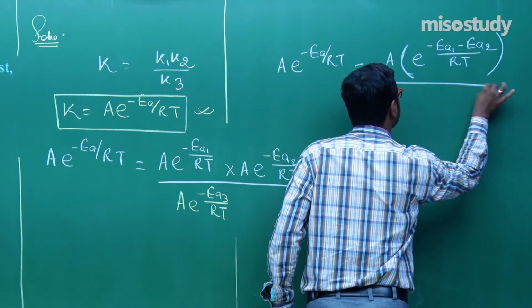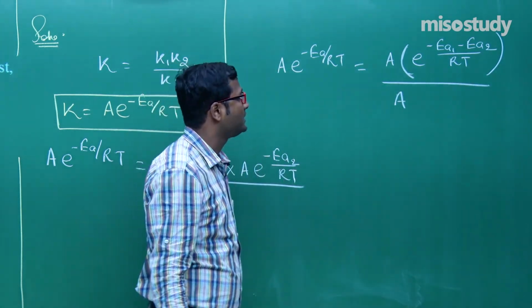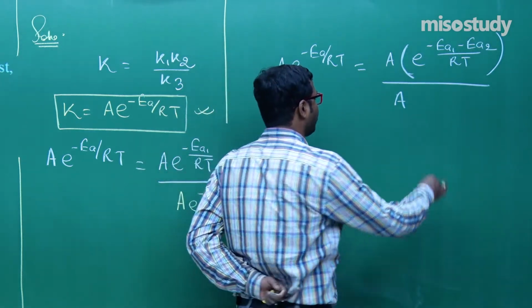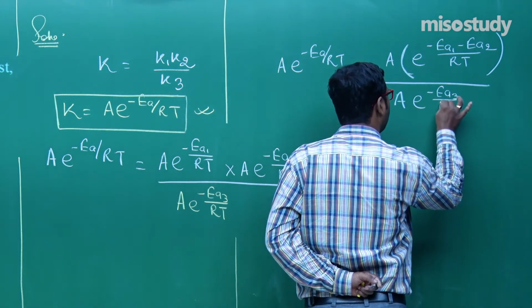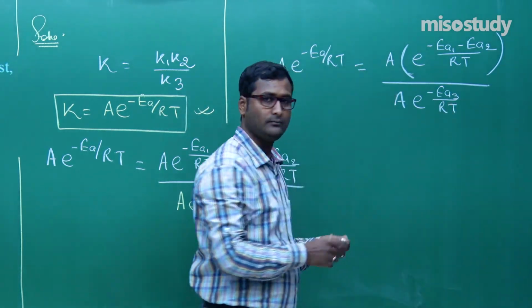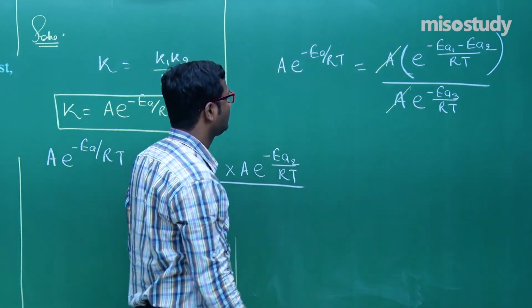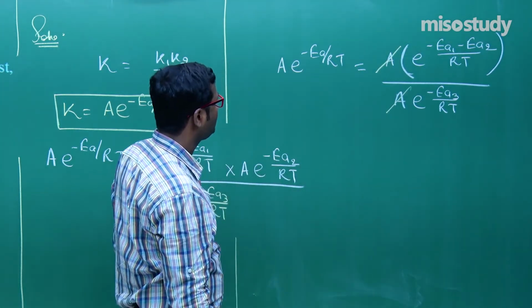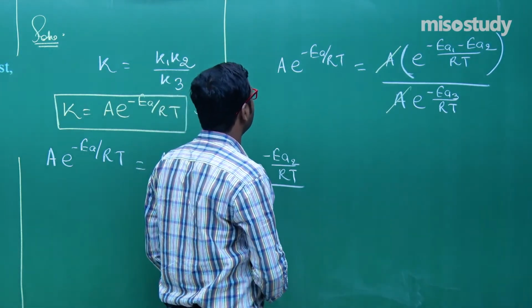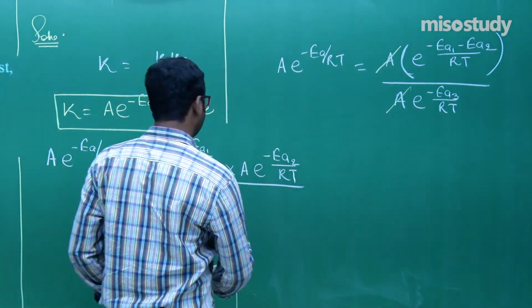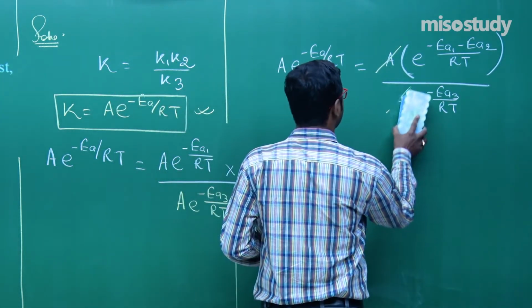Yes sir, definitely you can write like this, because when the base is the same, powers add to each other. Now A e to the power plus Ea3 upon RT. What will happen? This will cancel this one. Am I right? One more thing we can do, because we also have to cancel this value. So it's better to write like this. We do not need to put A and A here.